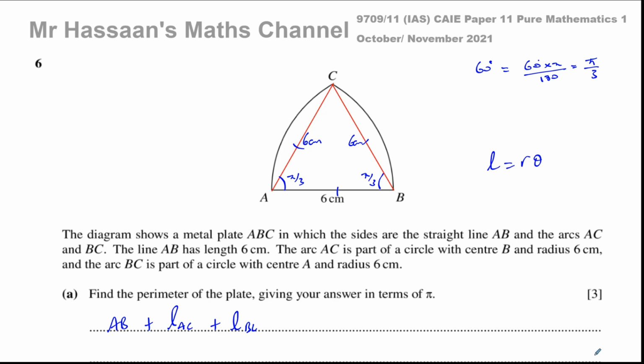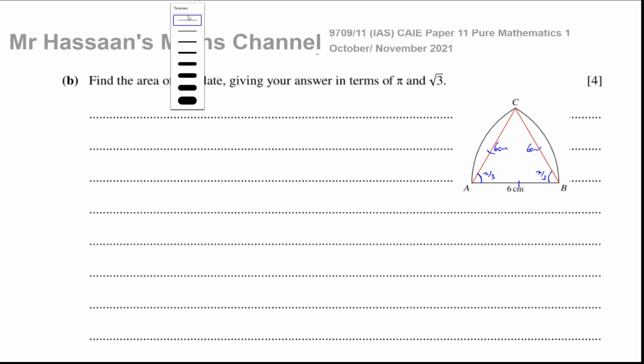In fact, we'll take the same diagram that we made. So for part B, the diagram we were using in part A will help us. It says find the area of the plate, giving your answer in terms of pi and root 3, so in exact form.